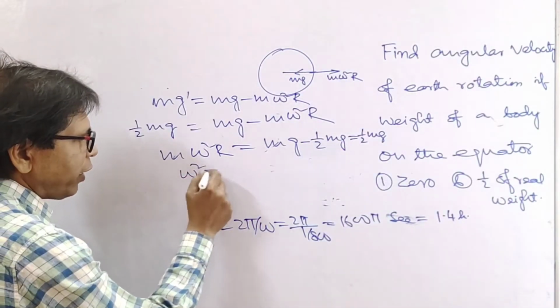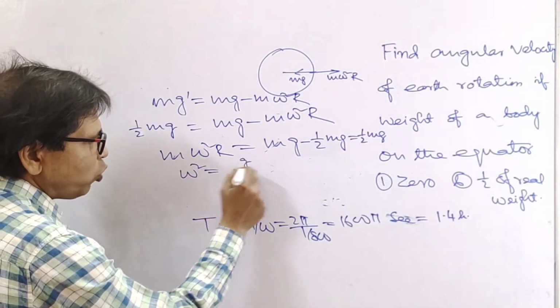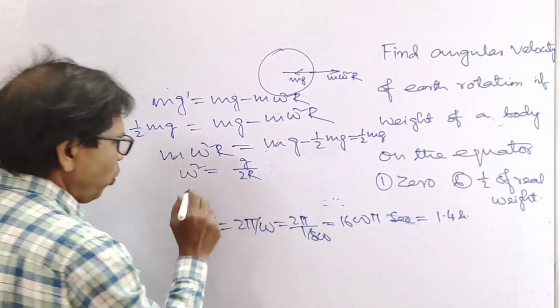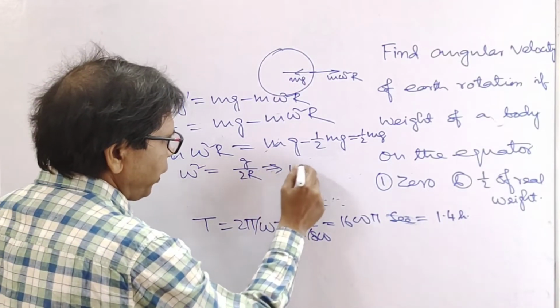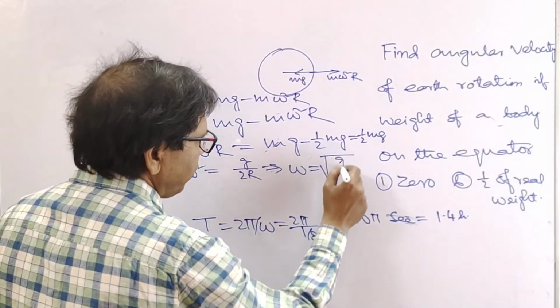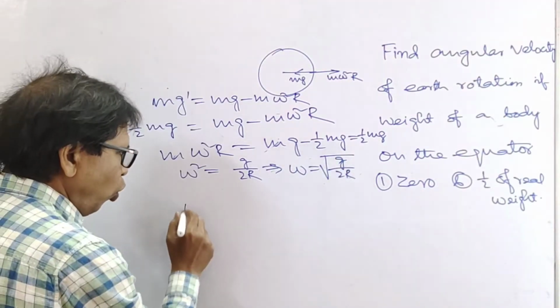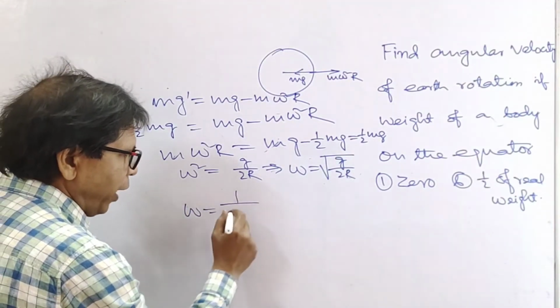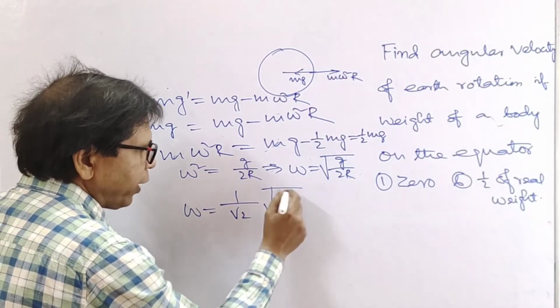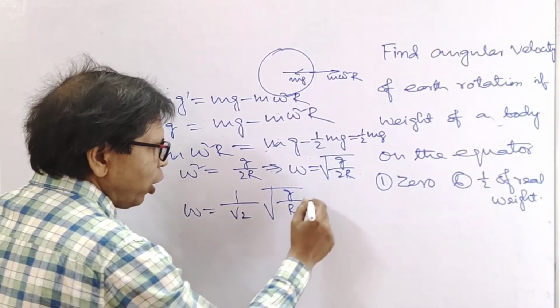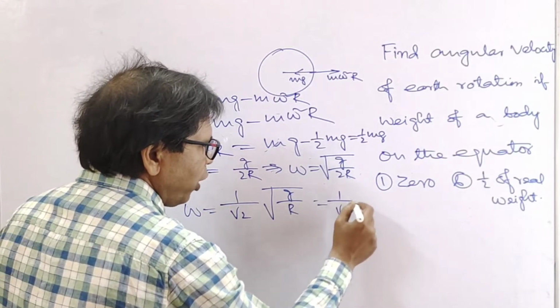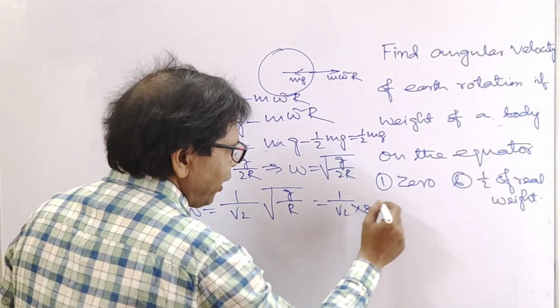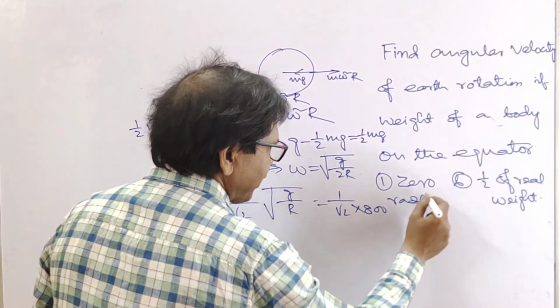Here omega square equals g by 2r. Therefore omega equals root under g by 2r, so omega equals 1 by root 2 into root g by r, which is 1 by root 2 into 800 radian per second.